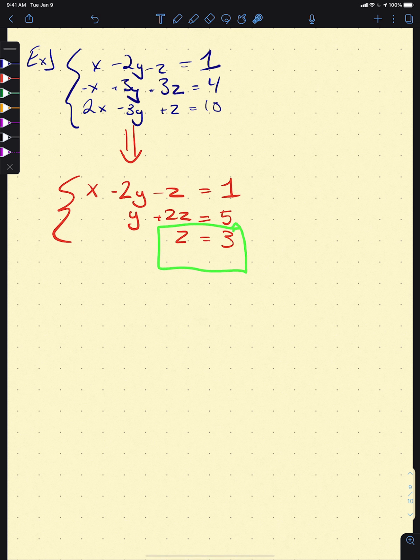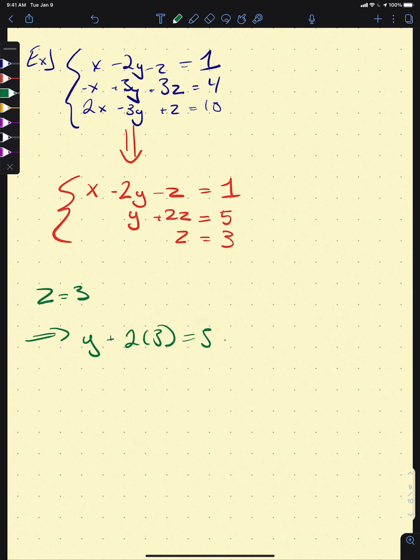Watch this. We can read off z equals 3 right here. So I guess we'll go to green for this. We have that z equals 3. We can use our value of z in equation 2. So that gives us that y plus 2 times z, which we know is equal to 3, equals 5. Rearranging this, we get that y equals negative 1.